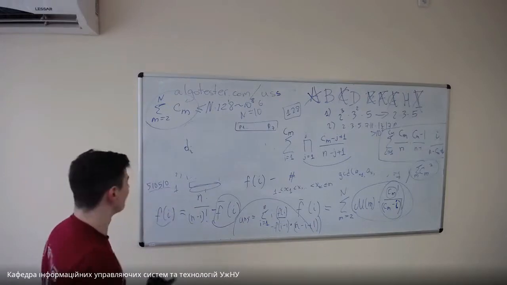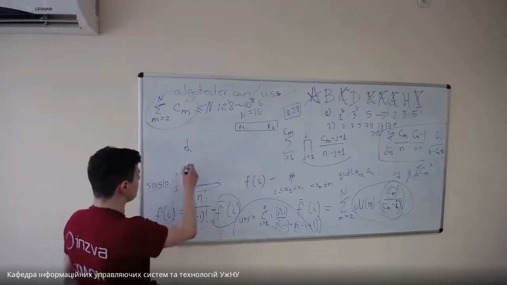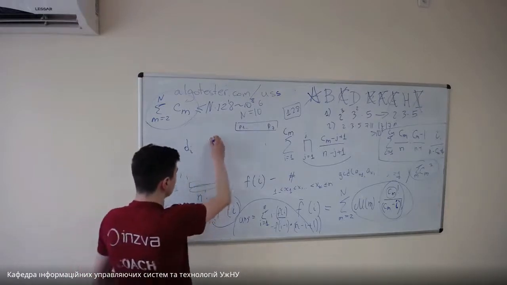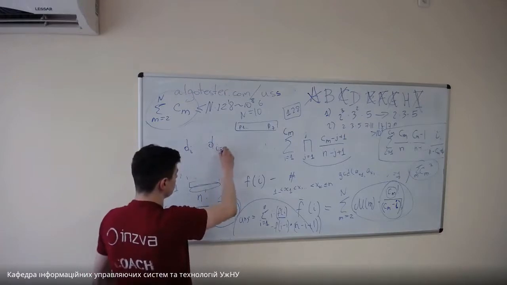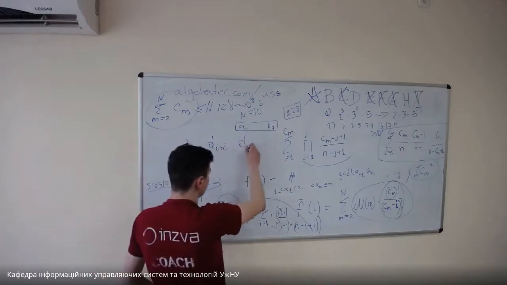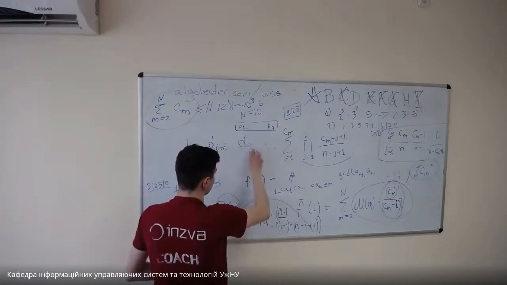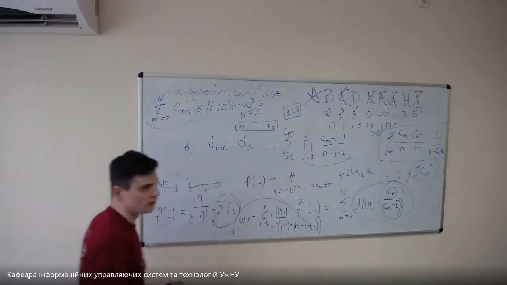So you can just, if you have this di, then you can just add this di to the i plus i, 3i and so on.